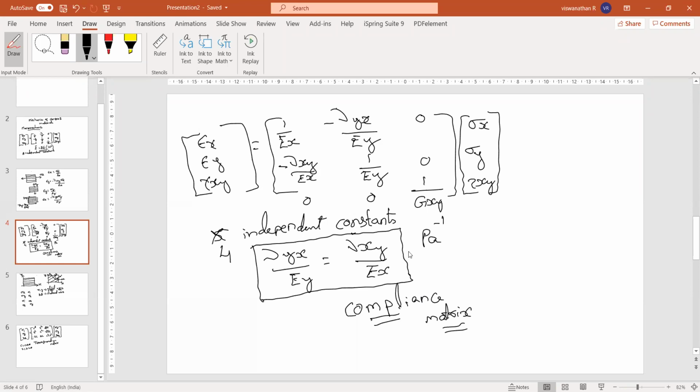It will be called the stiffness matrix. What will be the units of that? Pascals. So this is Pascal inverse and the stiffness matrix would be Pascals.